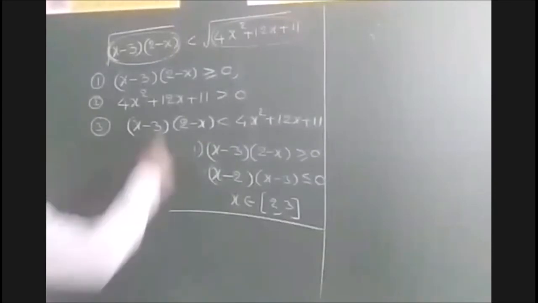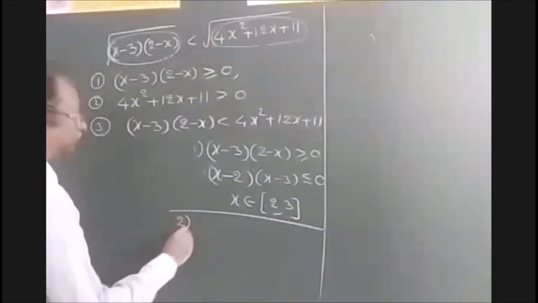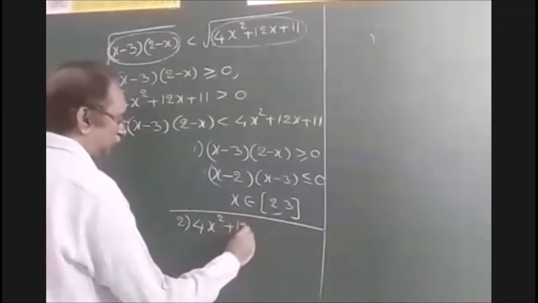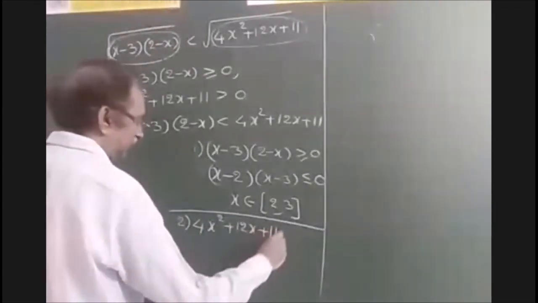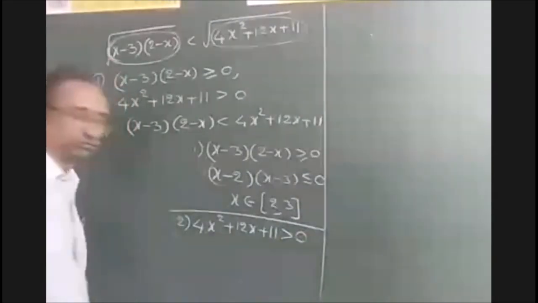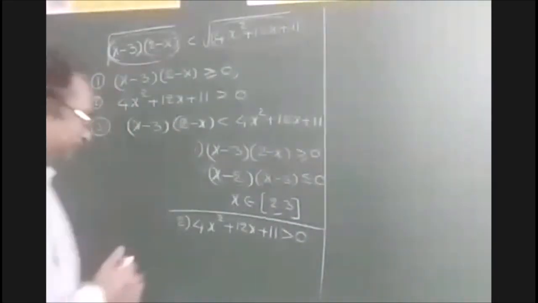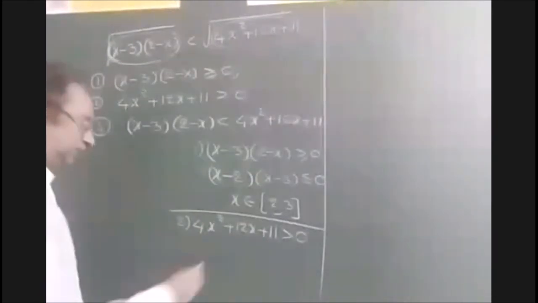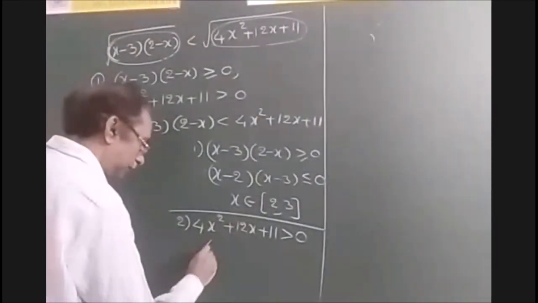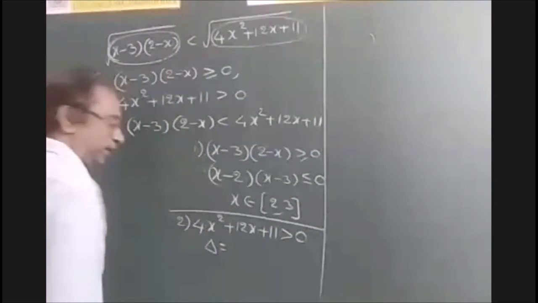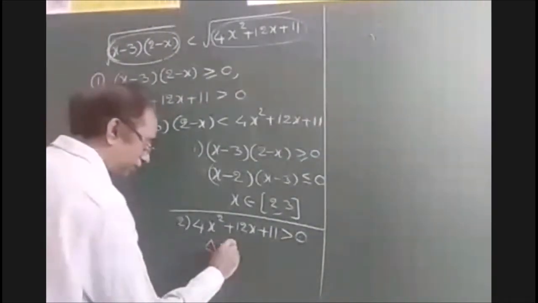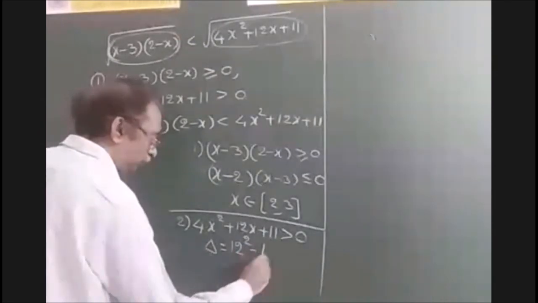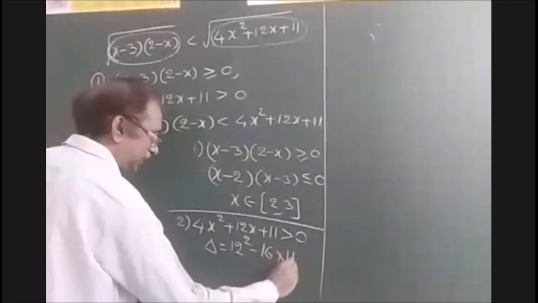And let us see the second one. What is the second one? 4x square plus 12x plus 11 greater than 0. We are afraid because the numbers are very big, so we can't see the factorization. But see, delta: b square, 12 square, minus 4 into 11, that is 16 times 11.